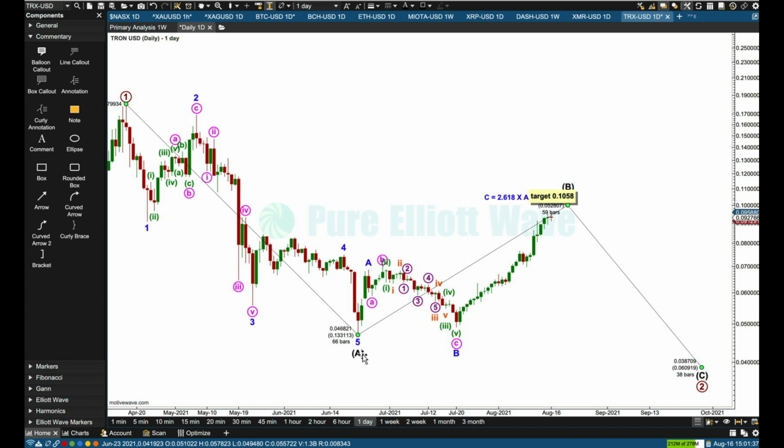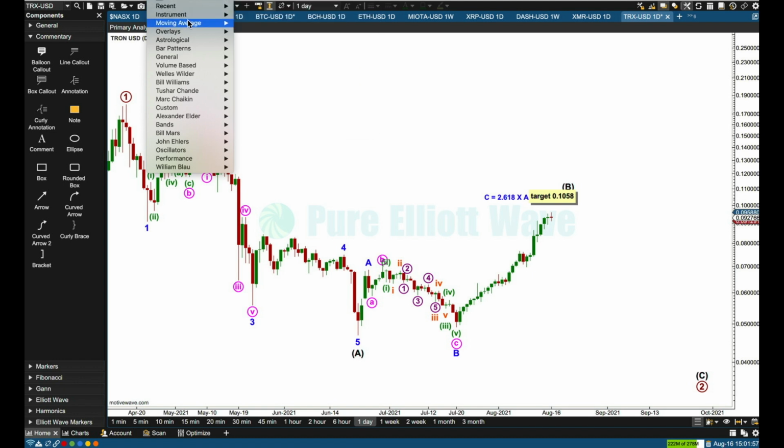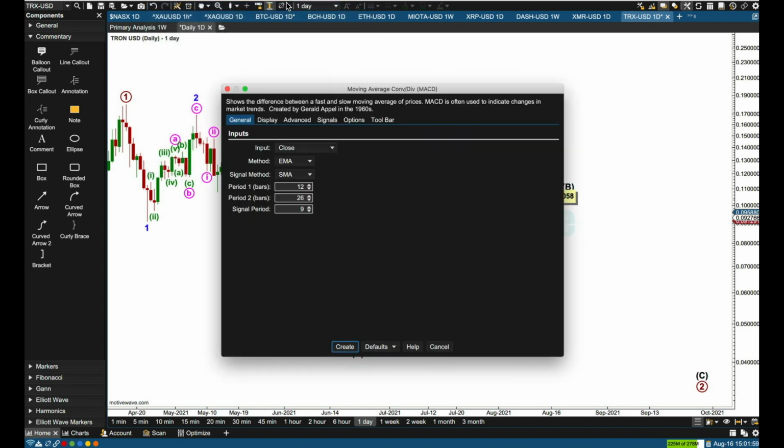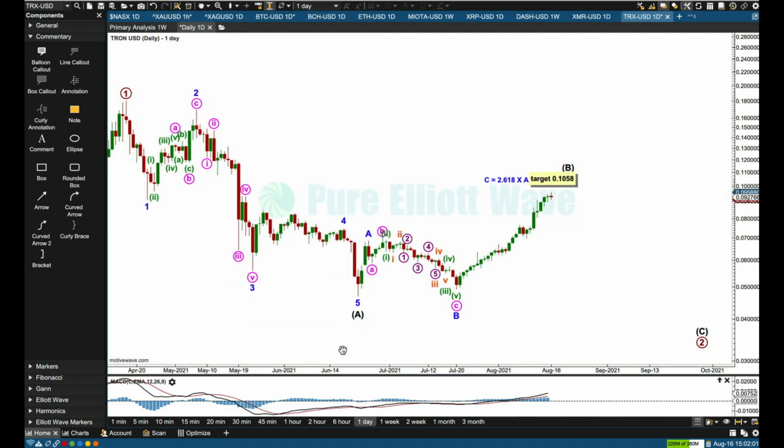So if you wanted to see primary 2 over here, you could say A, B, C, but C would be truncated, and I don't like that. I would be happy with a truncation after a move like this, a really strong move, but this isn't so strong. This is the end of it. And let's bring MACD in and have a look at the momentum. Yeah, the momentum here is weaker than here.